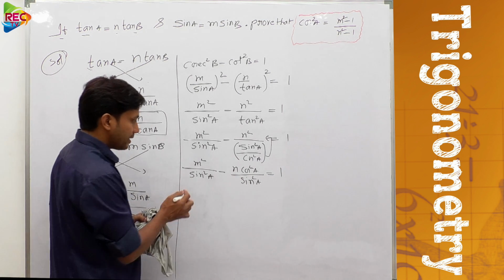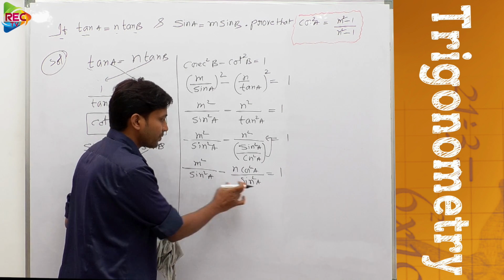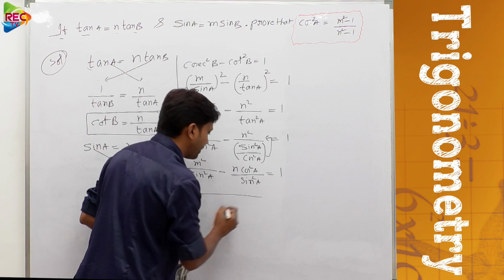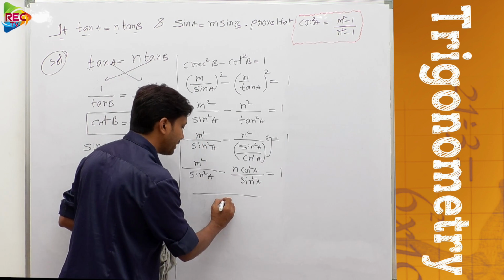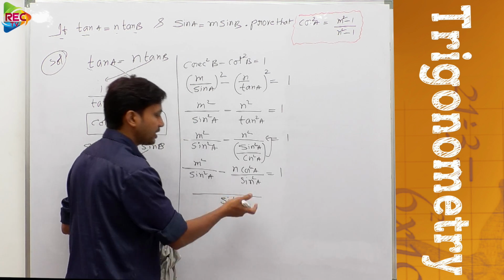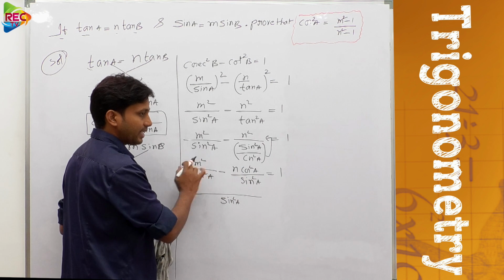And now since these two are like fractions, why like fractions? Because here the two denominators are the same, so we don't need to take the LCM separately. We can write the denominator as it is, sin square A, and now we can operate the numerators as they are.